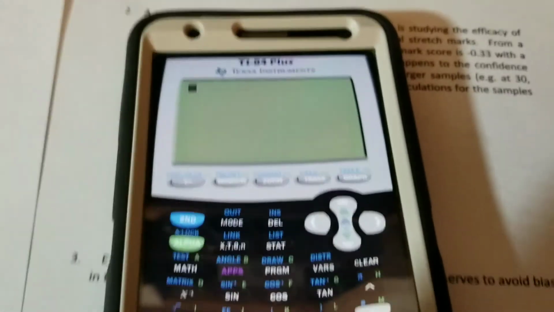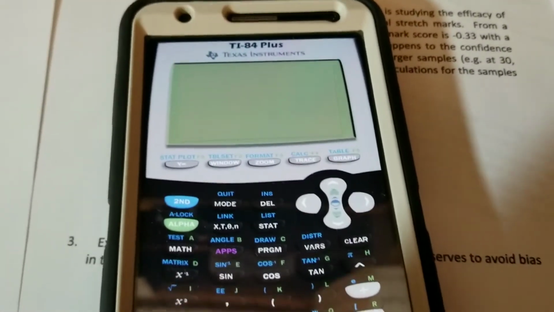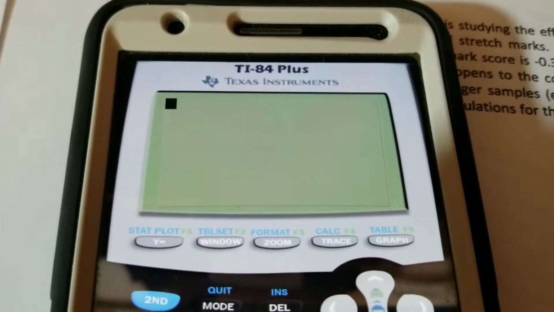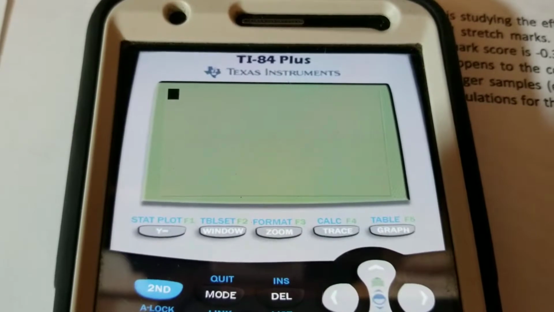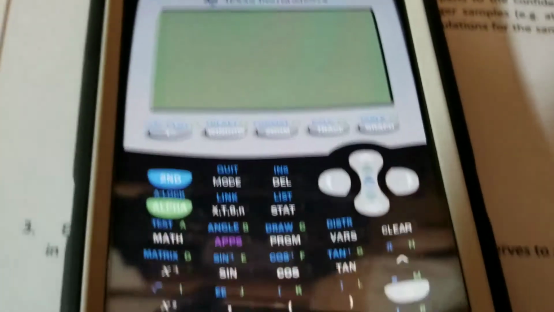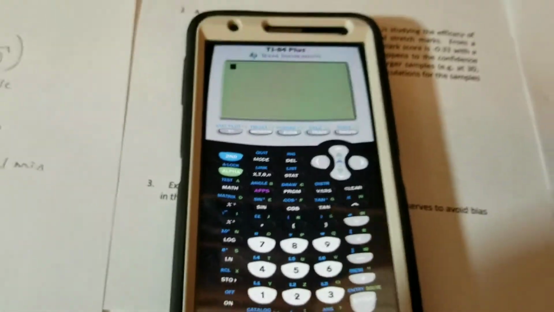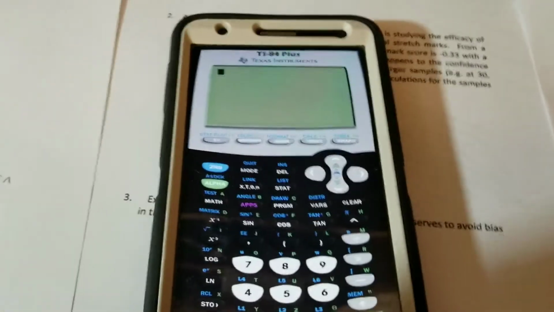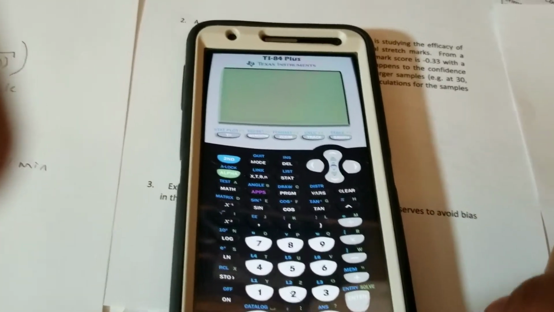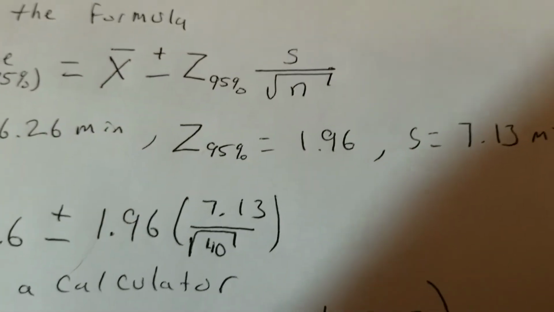Right here, I actually have a smartphone with an emulator that gives you a TI. Right now I'm using a TI-84, but remember this is actually a calculator and you could download this. So let's take a look at how we would enter this. We just want to enter the last part right here.